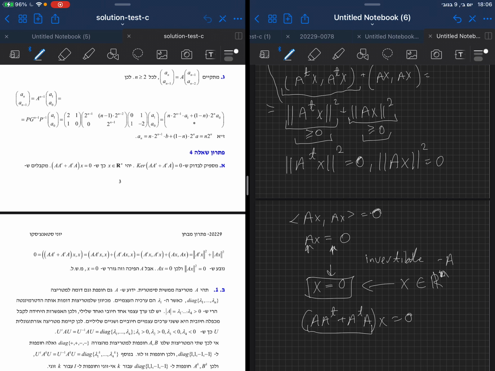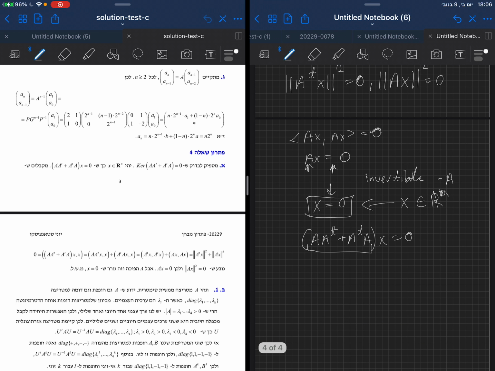Therefore, for the homogeneous system, we have only the trivial solution x equals 0. And a squared matrix with only the trivial solution for the homogeneous system is by definition invertible. Therefore, we can conclude, as we needed, that the matrix A transpose plus A transpose A is invertible.